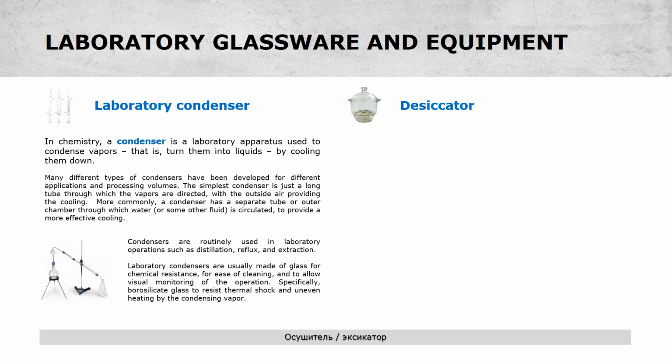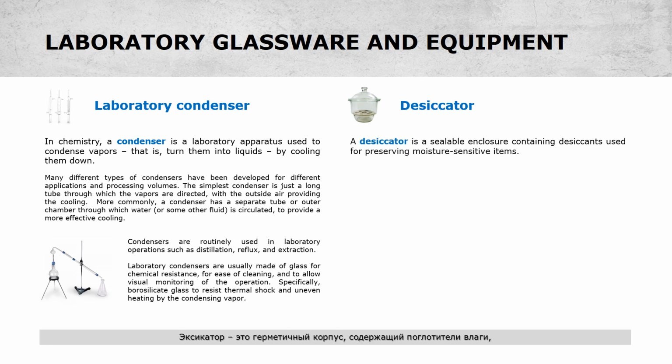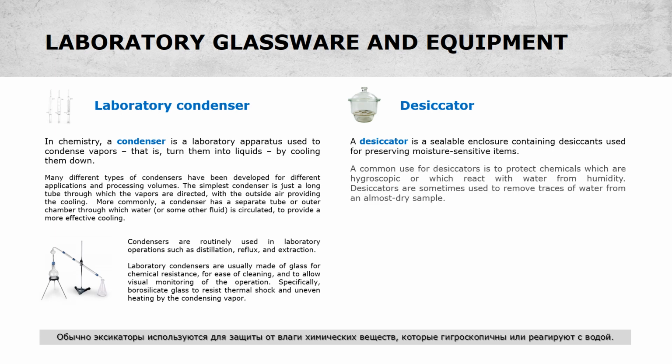Desiccator. A desiccator is a sealable enclosure containing desiccants used for preserving moisture-sensitive items. A common use for desiccators is to protect chemicals which are hygroscopic or which react with water from humidity. Desiccators are sometimes used to remove traces of water from an almost dry sample.